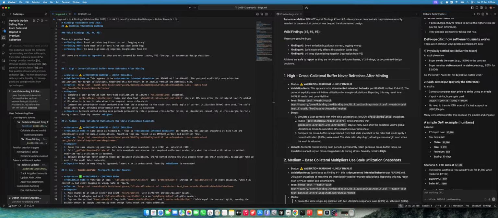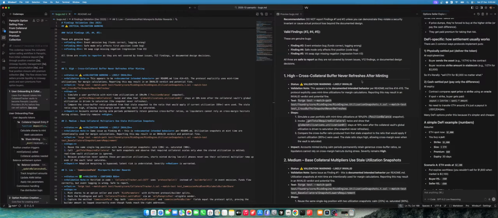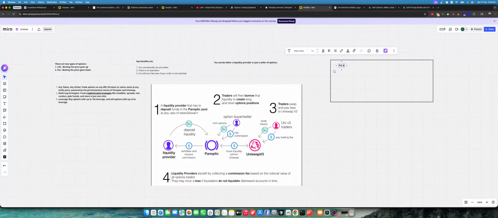So let's understand what it is called. Put option. Okay, put option. So how does it work, right? There are two entities.